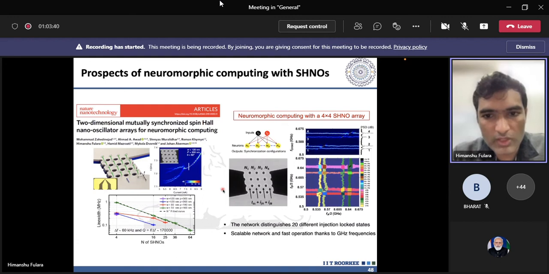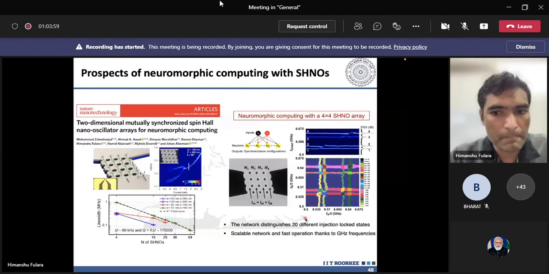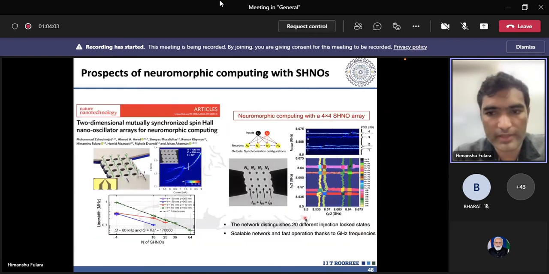Remember, the operational frequency of our oscillators is in the gigahertz, and their operational frequency is in the megahertz. So we are basically 30 times higher than their operational frequency. If we try to do the similar experiment here, that will be even 30 times faster.